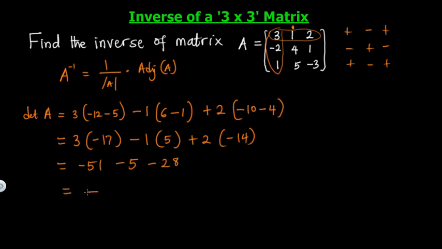Altogether we have minus 84. So the determinant of A is minus 84. Now that we have this as minus 84, we need to then look for the adjoint of this.